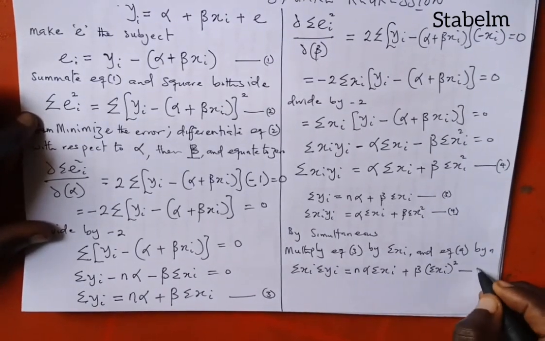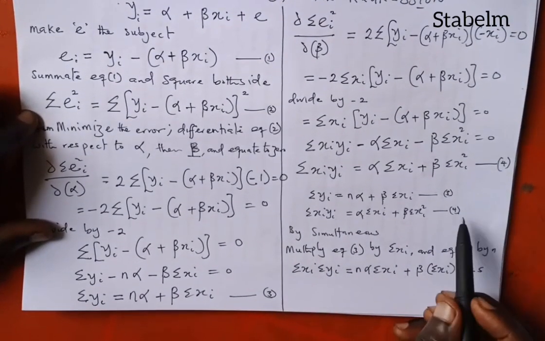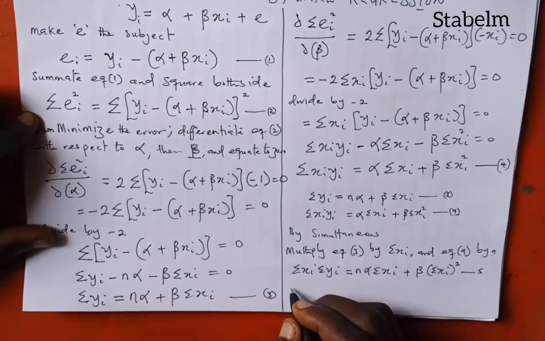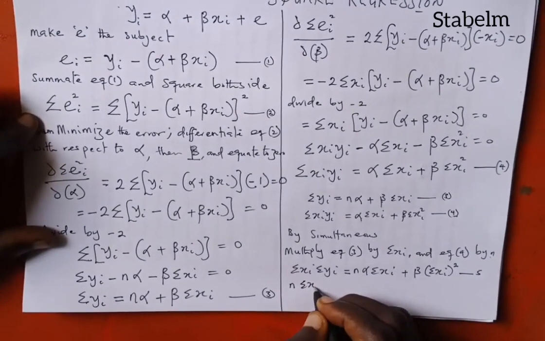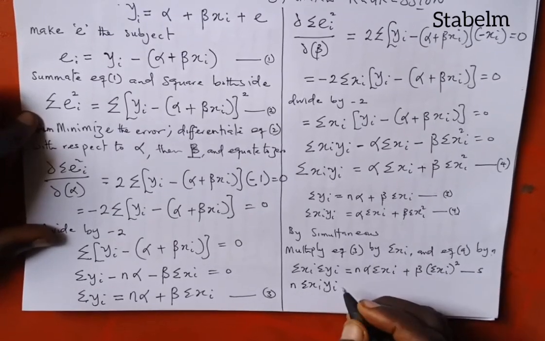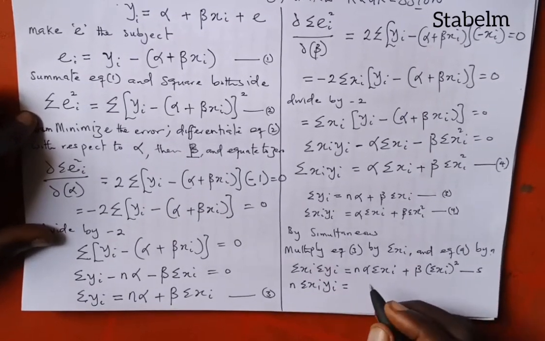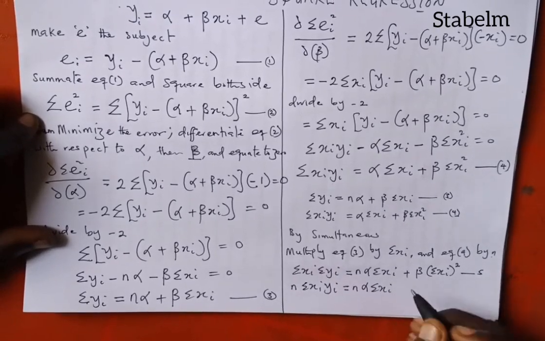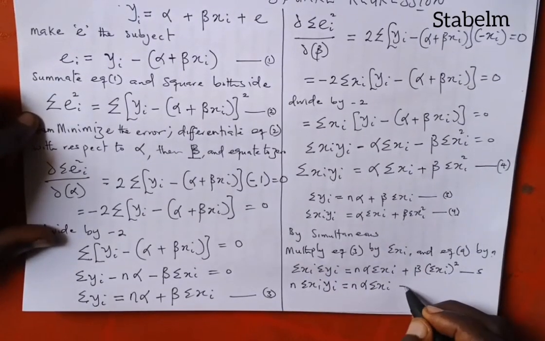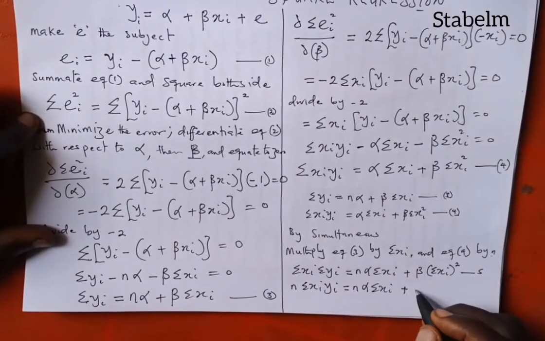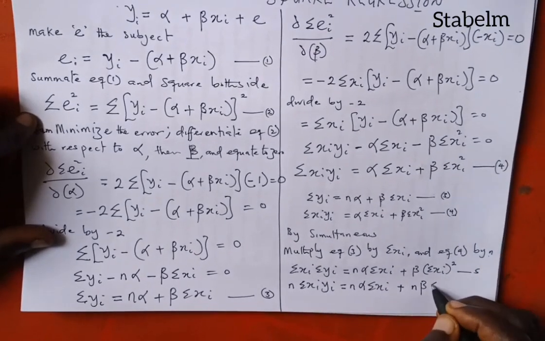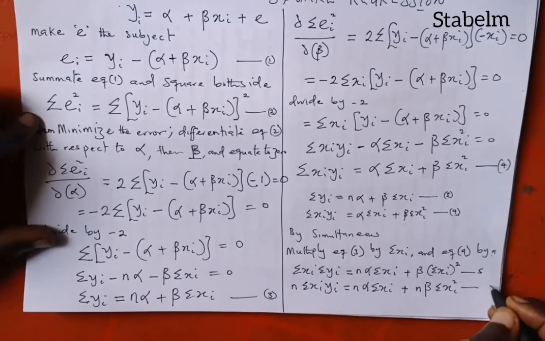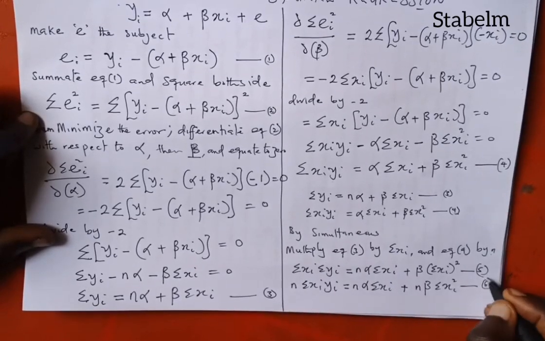Let's say this is equation 5. Now I want to multiply equation 4 by n. So here we're going to have n summation xi yi equals n alpha summation xi plus n multiplied by this, n beta summation xi square. So this is equation 6.